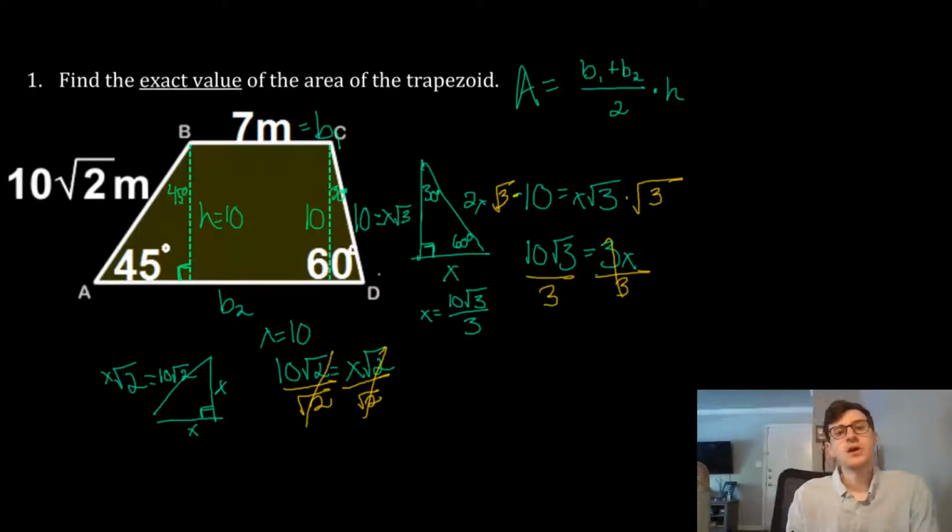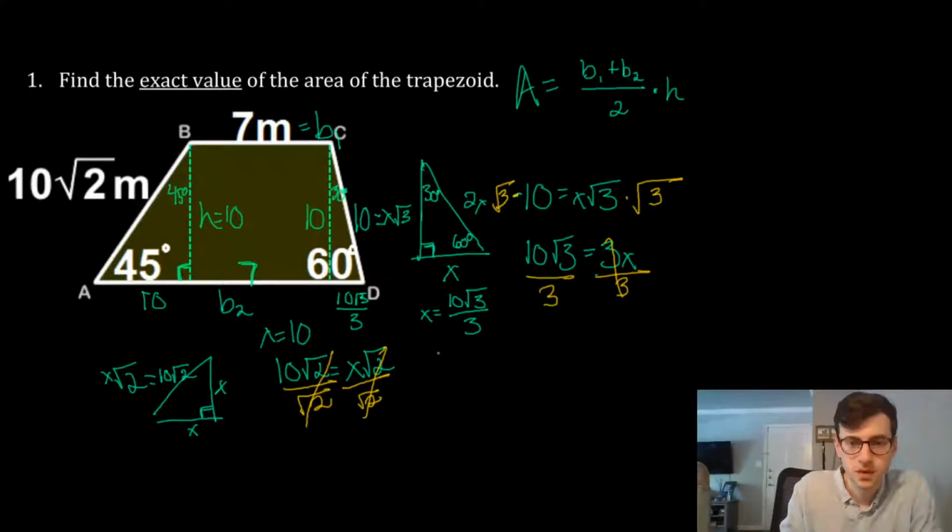Okay, so why is that helpful? Well, we know that this space right here now is 10 root 3 over 3. We know that this little portion of base 2 is 7 because it's the same as up here. And we know this spot right here is one of the legs of my 45, 45, 90 triangle. So that's 10. 10 plus 7 plus 10 root 3 over 3 then is base 2.